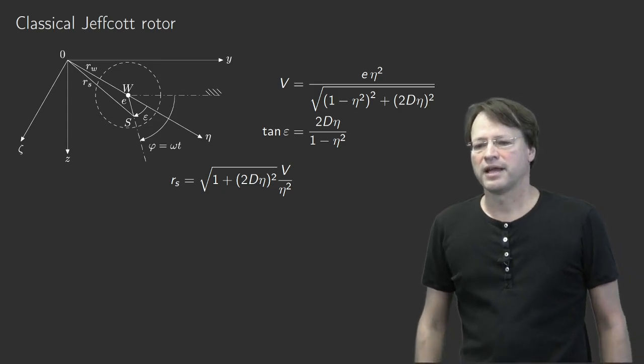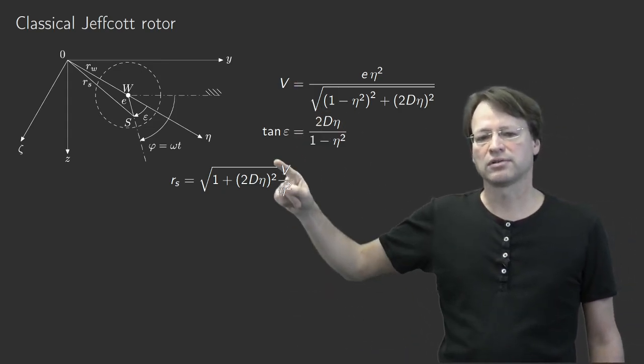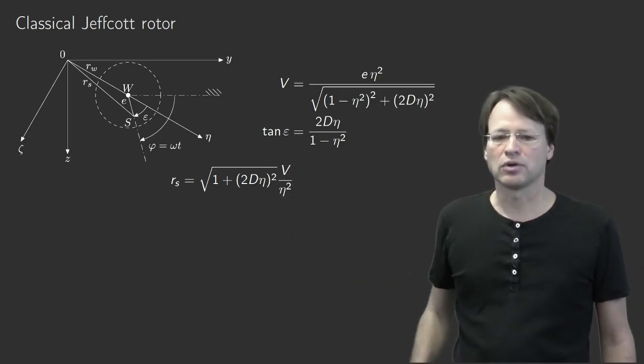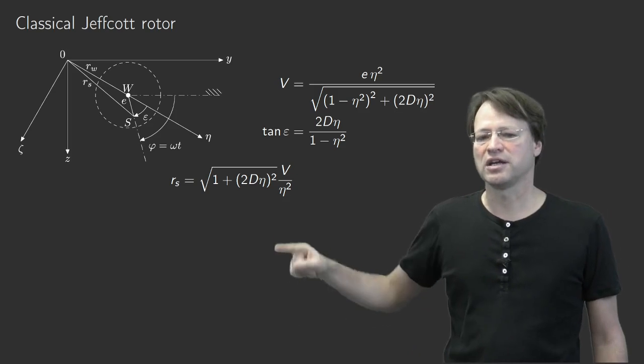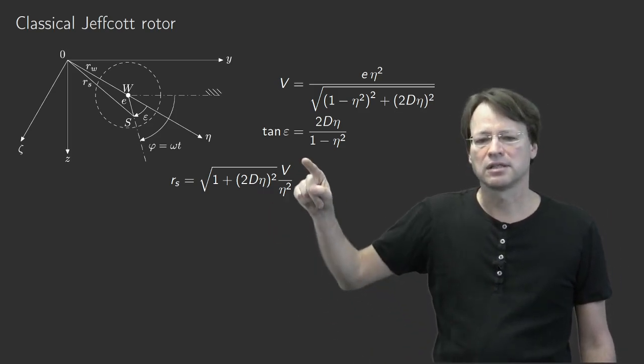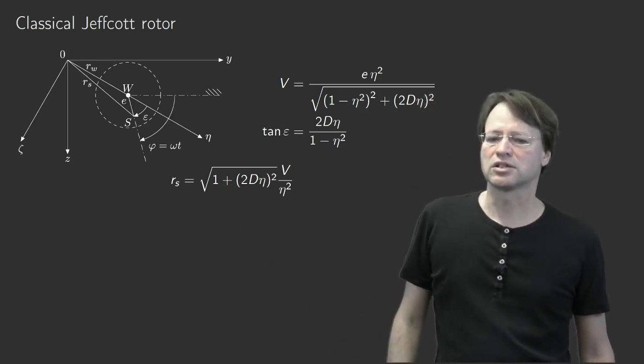Let's look again at that equation. So first of all, I recall the magnification factor and the phase shift, and this was the equation we derived on the last slide after taking the square root. Do you remember something like this? The magnification factor times 1 plus 2 d eta squared.